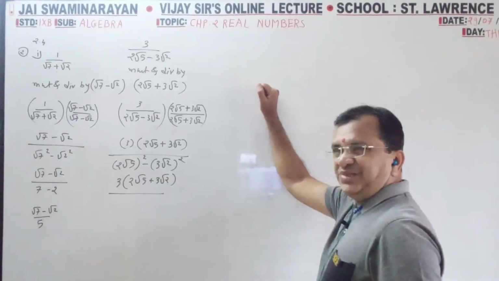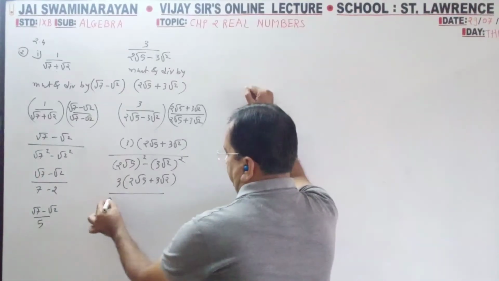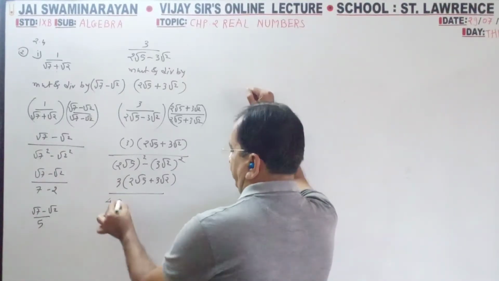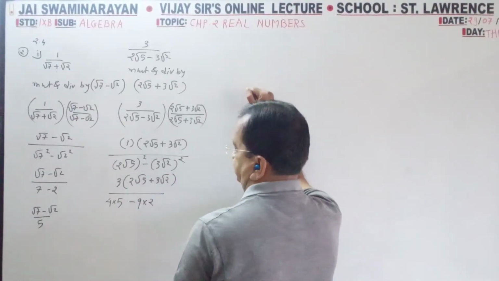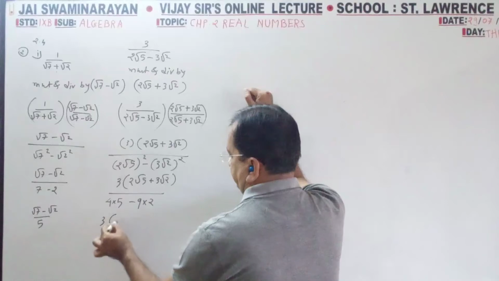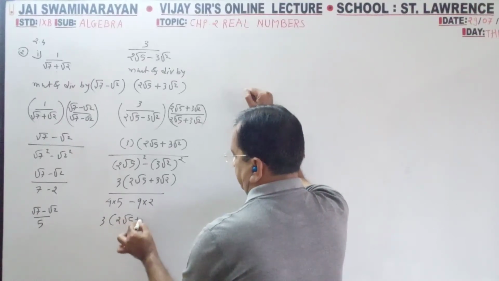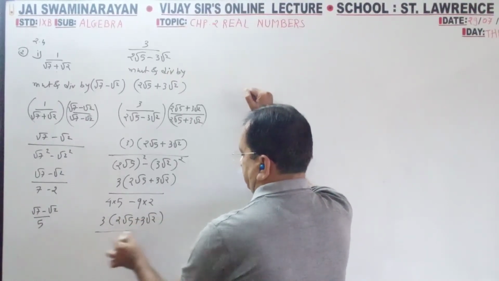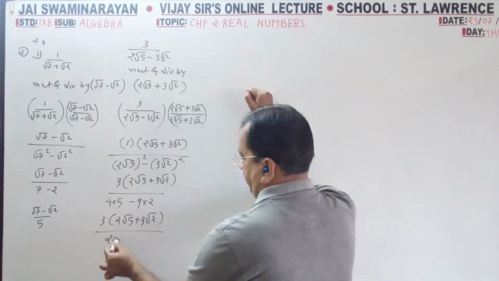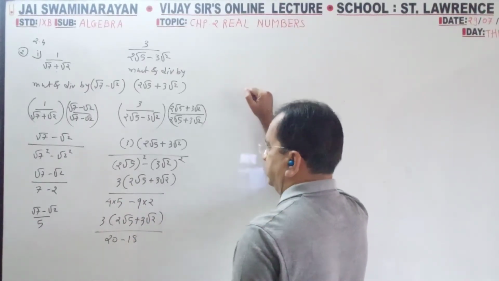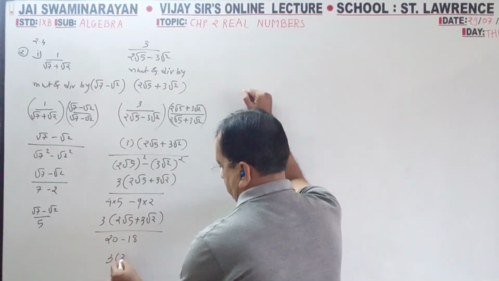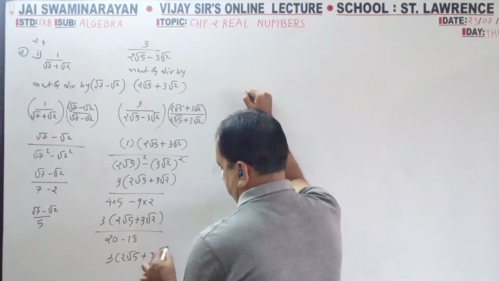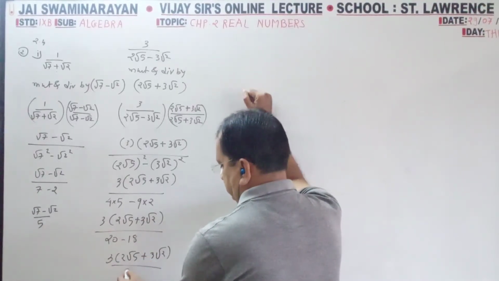Now square: 2 squared is 4, root 5 squared is 5, so 20. 3 squared is 9, root 2 squared is 2, so 18. 20 minus 18, so 2. This is 2.